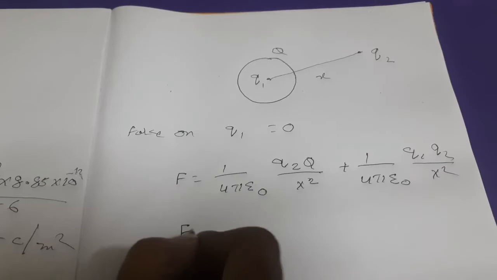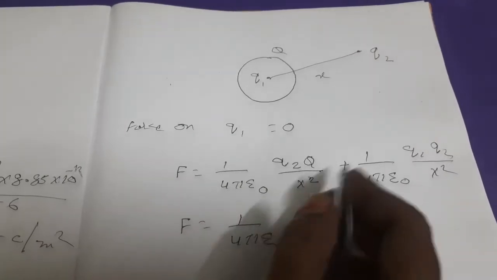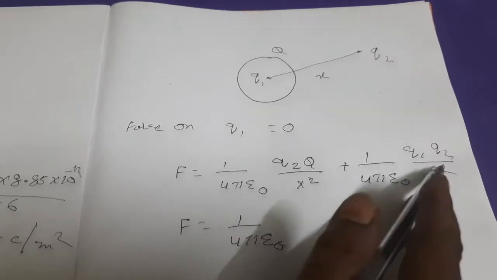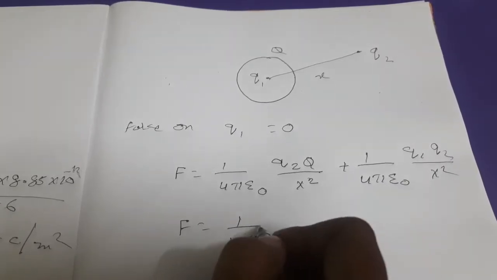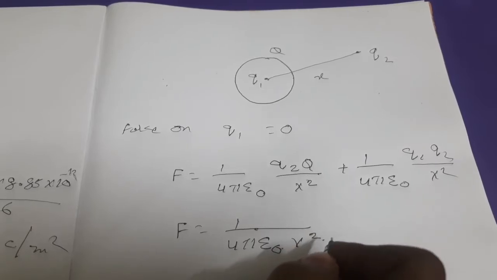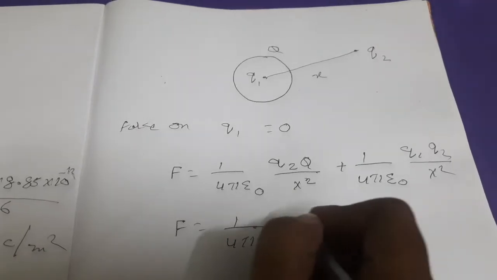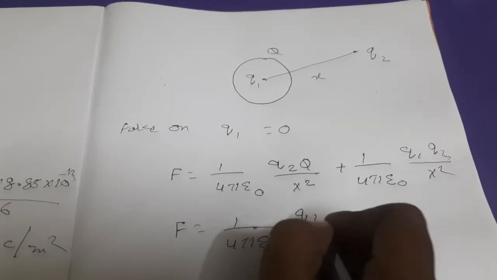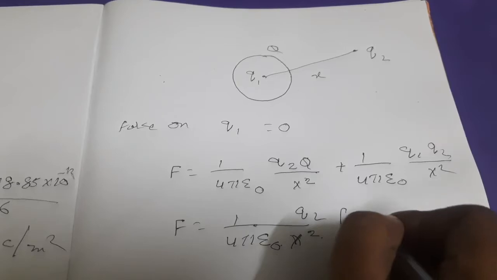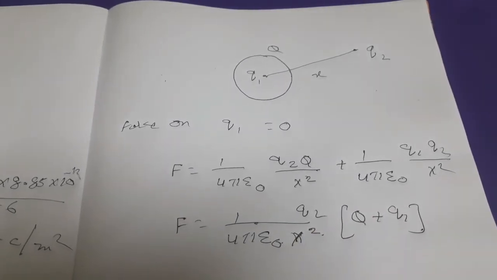So take the common 1 by 4 pi epsilon naught Q2 by x square. Inside the bracket you are getting Q plus Q1. So this is the force acting on Q2.